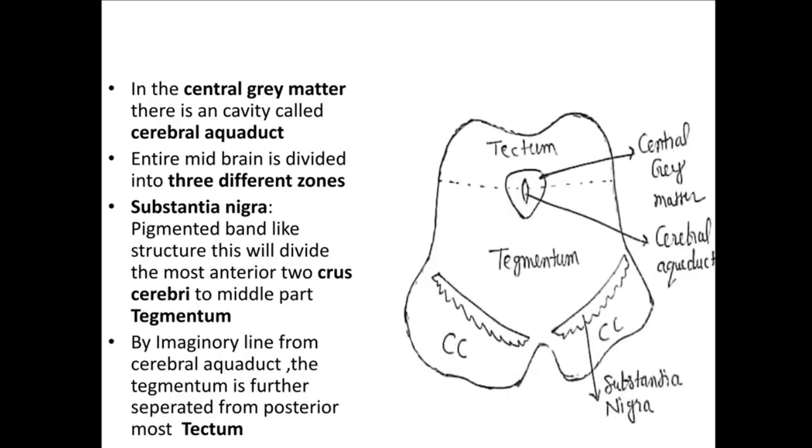Internal features, the anatomy of the internal features of the midbrain. In the central grey matter, there is a cavity called the cerebral aqueduct. The entire midbrain is divided into 3 zones.